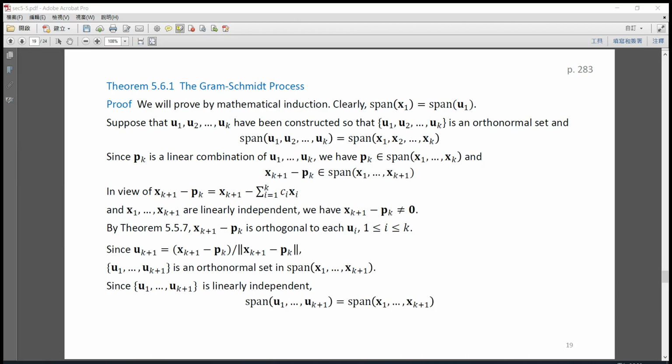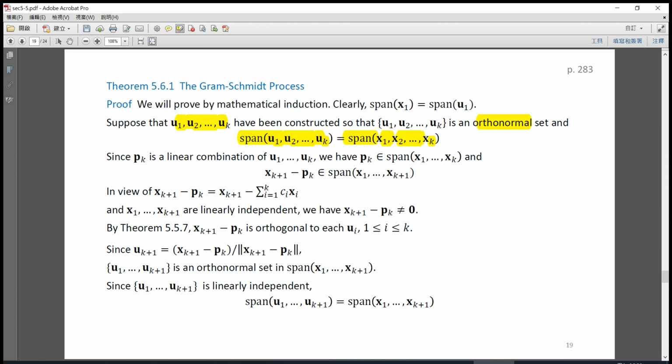We use mathematical induction to prove Theorem 5.6.1. Suppose u1, u2, up to uk have been constructed so that u1, u2, up to uk is an orthonormal set, and the following condition is satisfied. That is, the span of u1, u2, up to uk equals the span of x1, x2, up to xk.